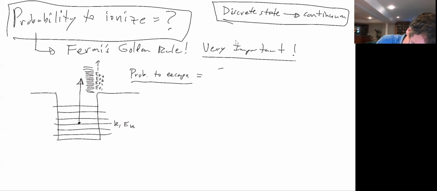I got to add it all up. I got to add up all the different possible final states. And it's going to be the probability to go to all those different final states. I'll call them |C_F(t)|^2. I got to sum over all possible final states.